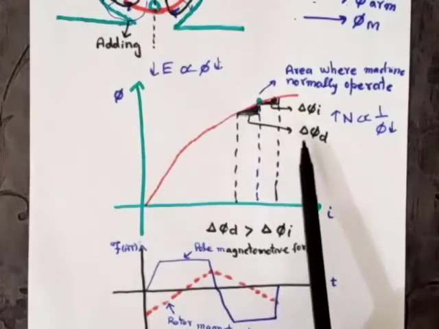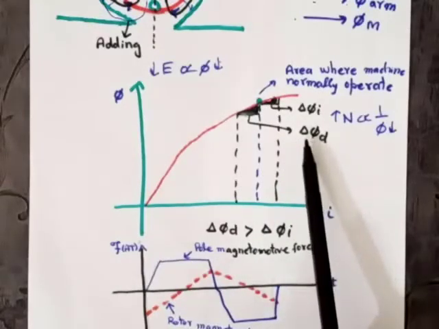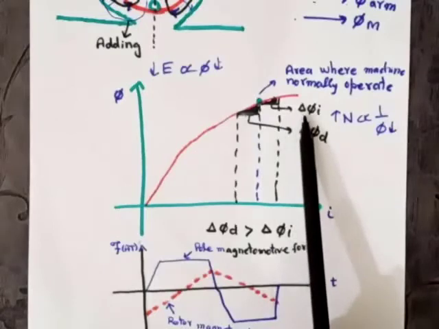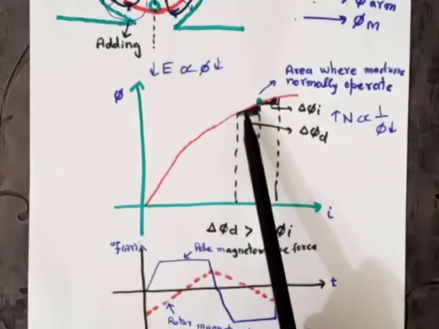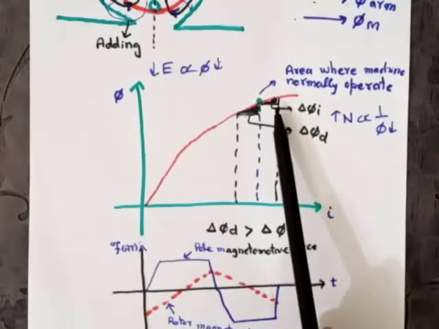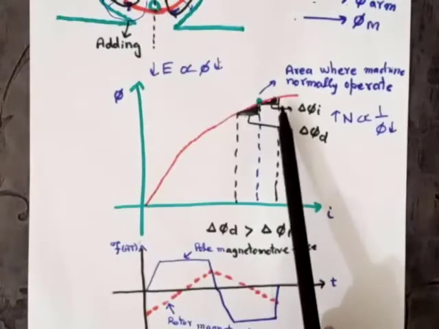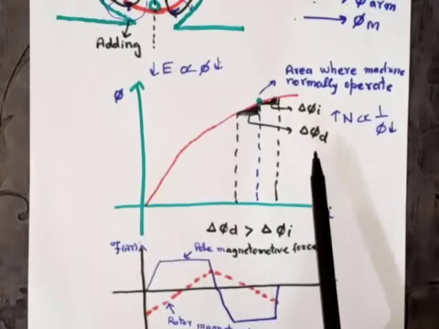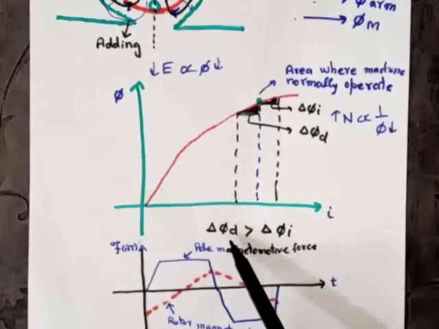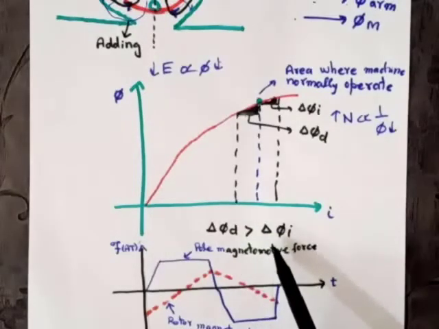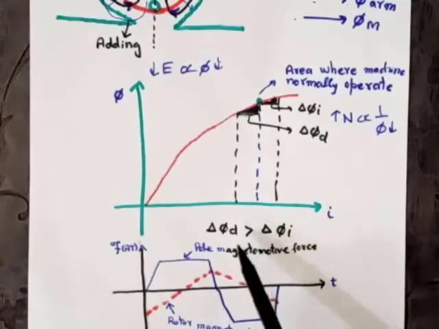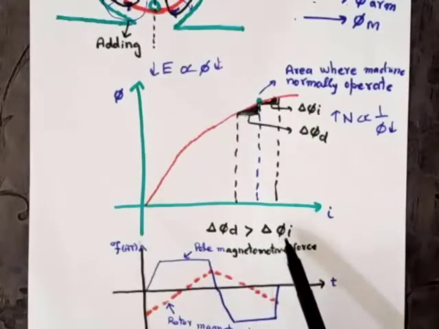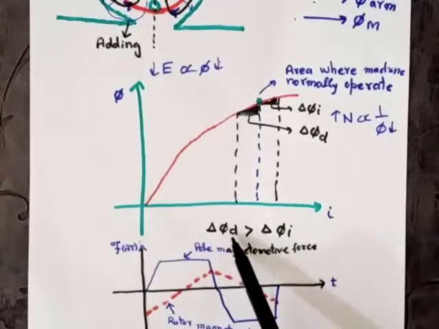So the change in flux decreasing is far higher than the change in flux increasing, because the flux can reduce as much as we want, but we can't increase it as much due to the saturation point. Therefore, the rate of flux increase is far less than the rate of flux decrease.